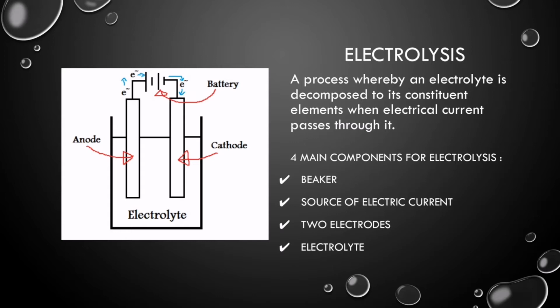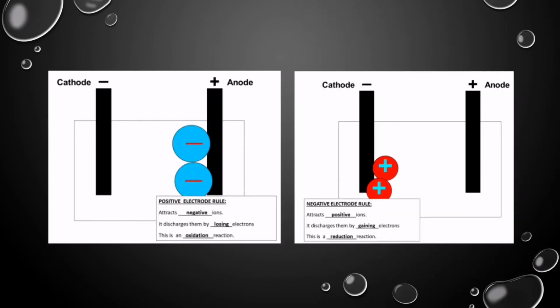Electrolyte is a compound that conducts electricity in the form of molten or aqueous state. When an electric current passes through electrolyte, ions in the solution migrate towards the oppositely charged electrode. Negatively charged ions move to the positive electrode, which is the anode.